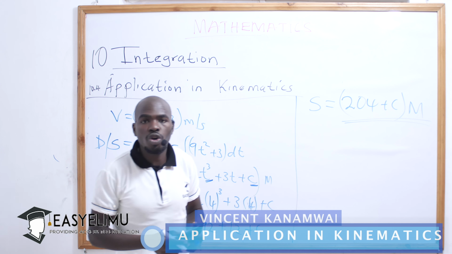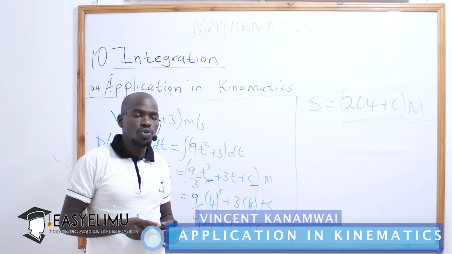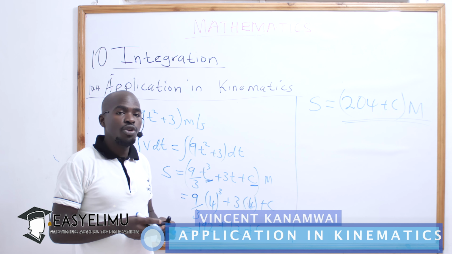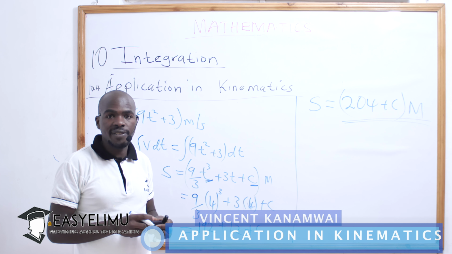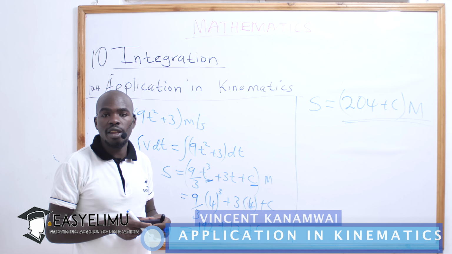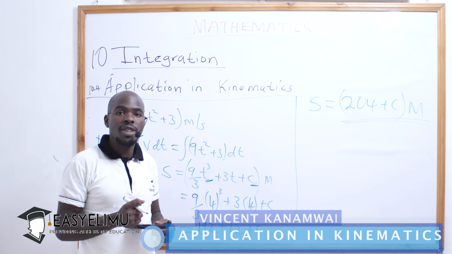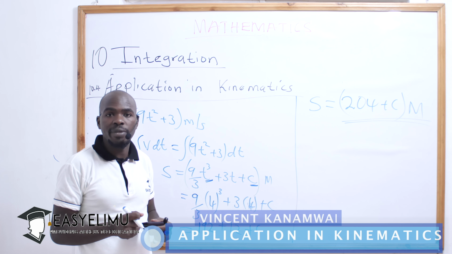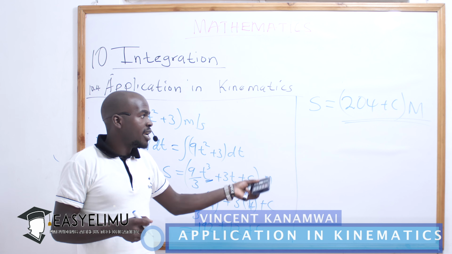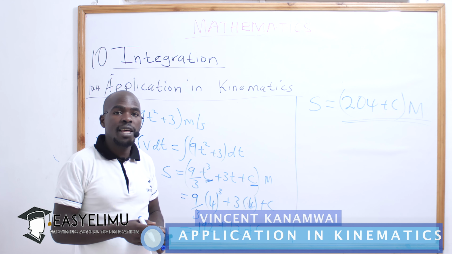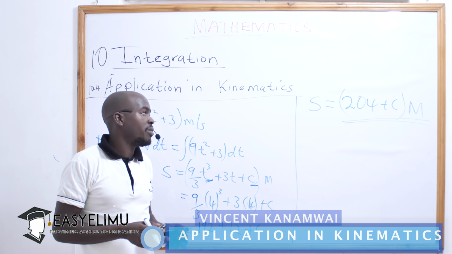It is that way because we cannot assume the value of c to be negligible, like 0, because we don't know the limit of integration, unless we have been provided with some conditions which can eliminate c. So the displacement or distance covered by that particle will remain that way.